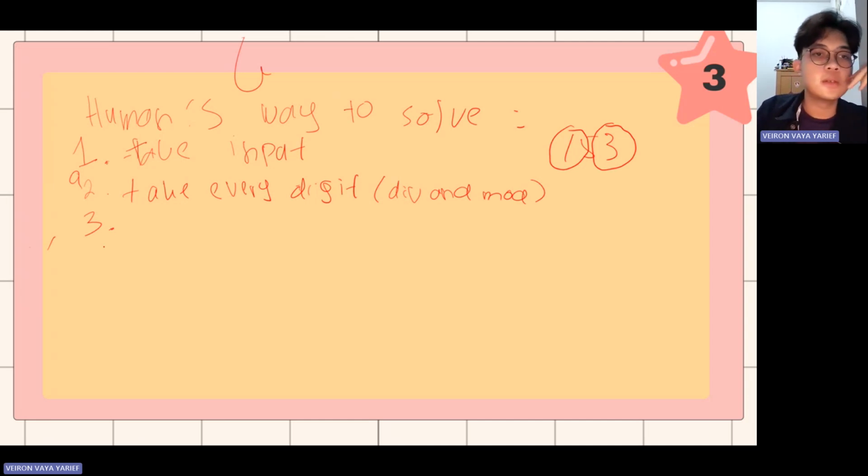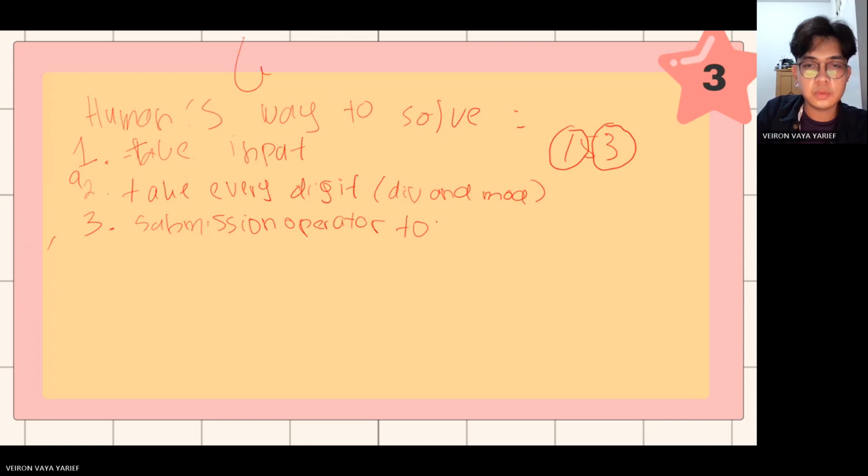After we take the digits, the third step is to use the summation operator to add all the digits. Do we only add all the digits, 1 plus 5 plus 3?